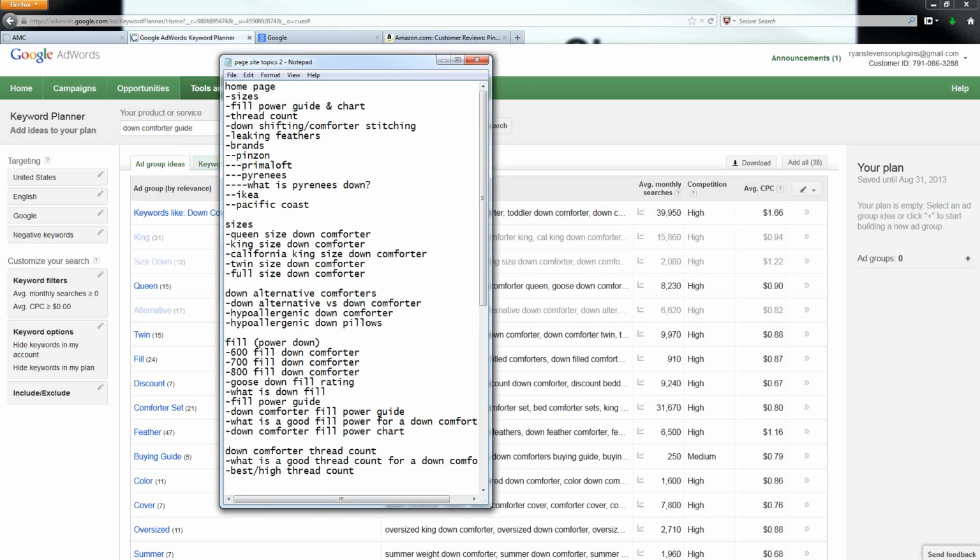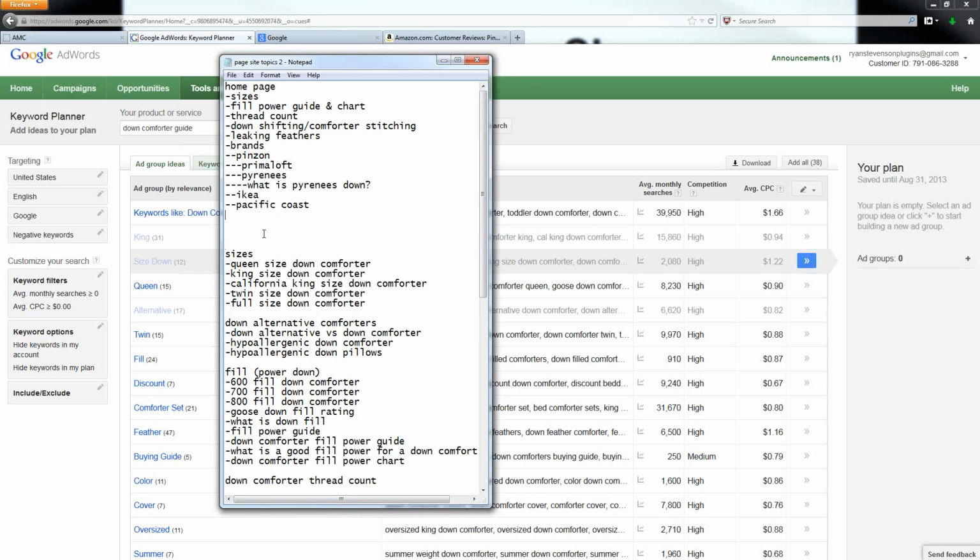So these seem like they could be good candidates to use on my own website as well, because they're obviously relevant, and I don't necessarily want to just target one brand on my site. I want to try to give people at least a little bit of a choice. So I will likely pick out one or possibly more different down comforters from each of these brands and promote them off of that particular page.